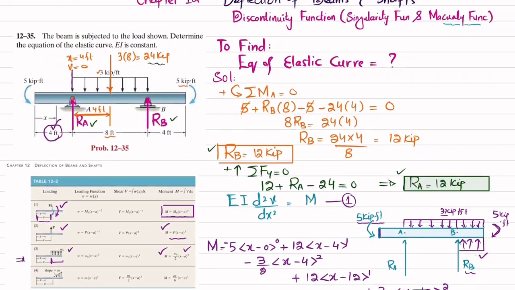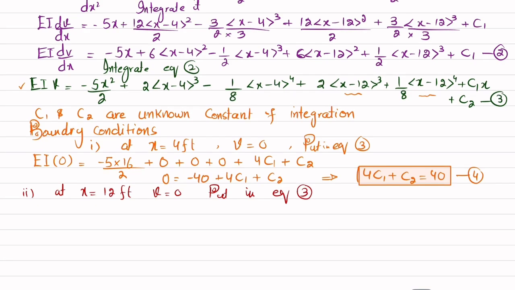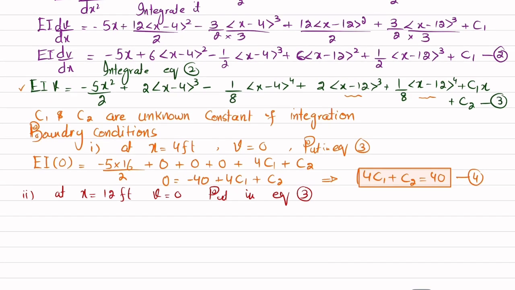Let me show you here. Here you can see at x is equal to 12 feet, we have deflection equal to 0 because there is a support. Clear? So we will put it in equation number 3. So equation number 3 is this one.